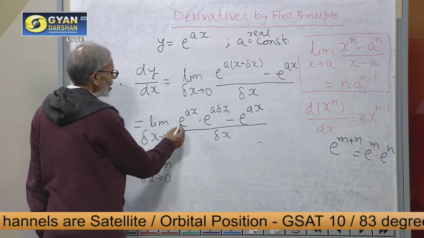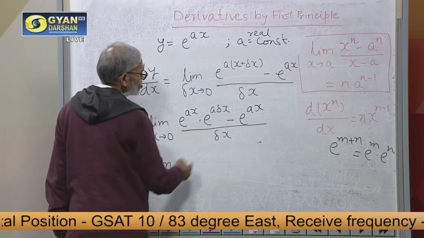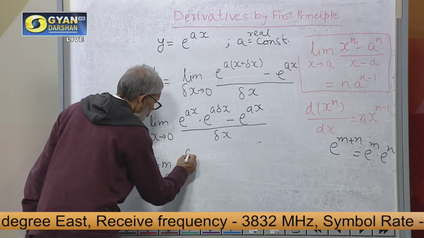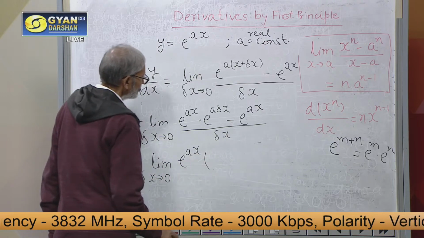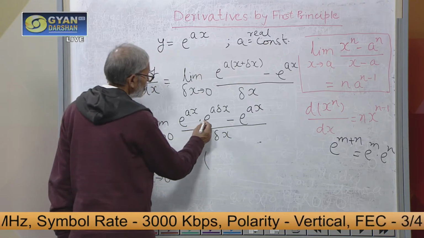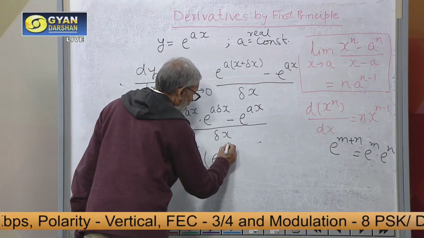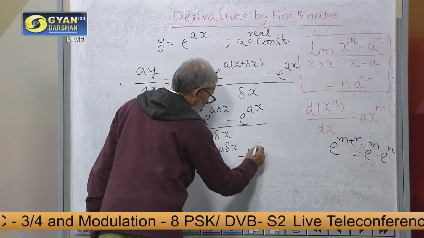Now, here I can take out e to the power a x common. So, within brackets it will be e to the power a delta x minus 1, divided by delta x.